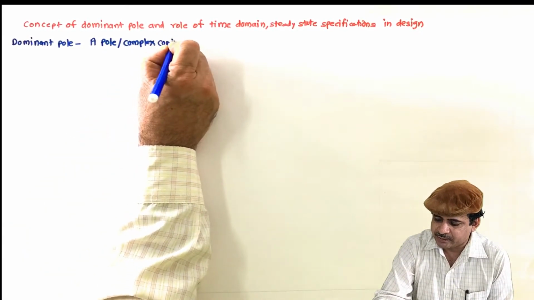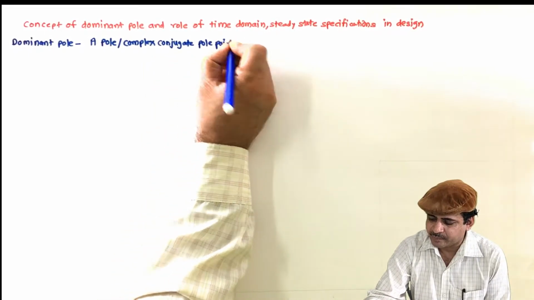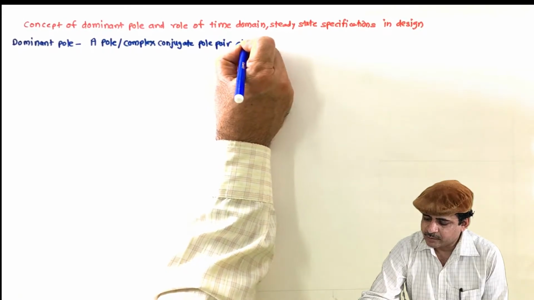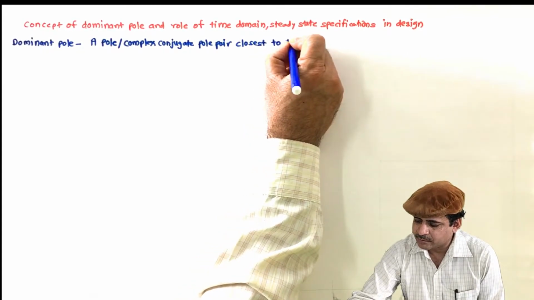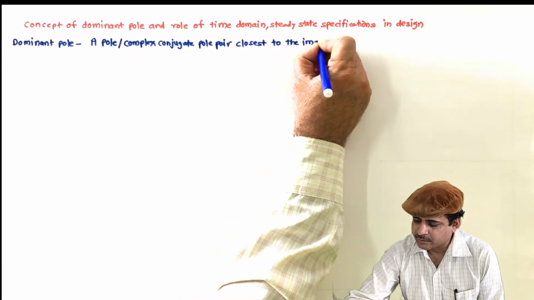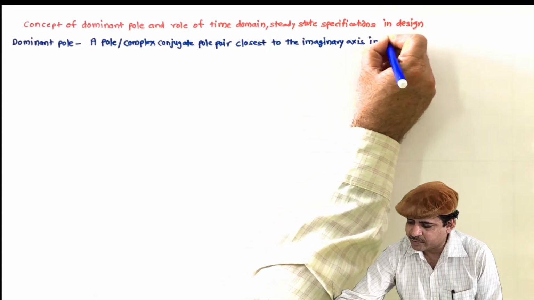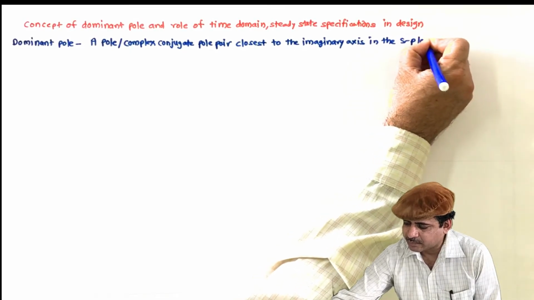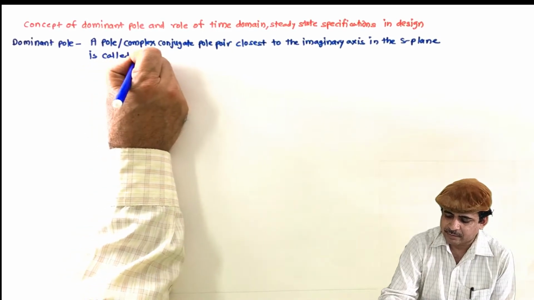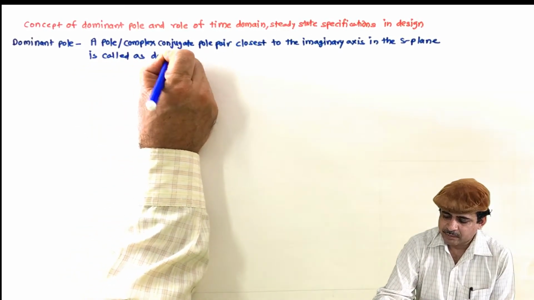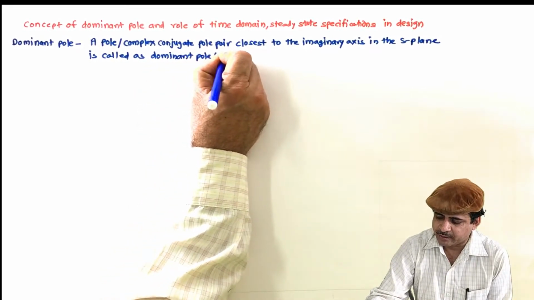Complex conjugate pole pair closest to the imaginary axis in the S-plane is called as dominant pole pair.